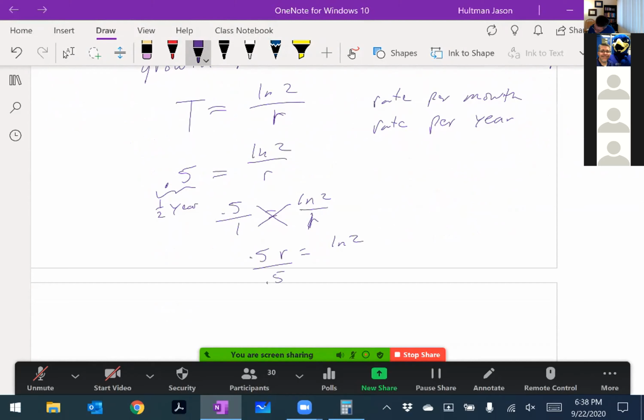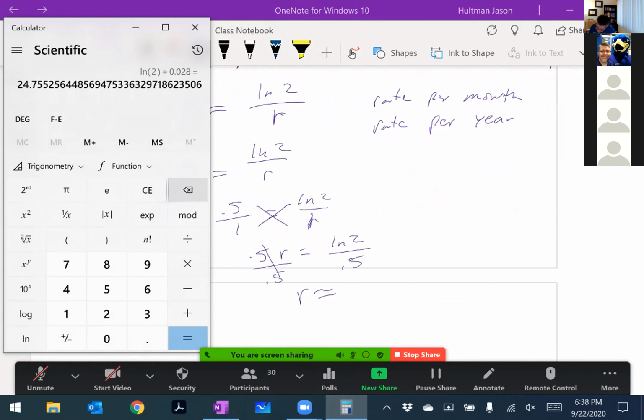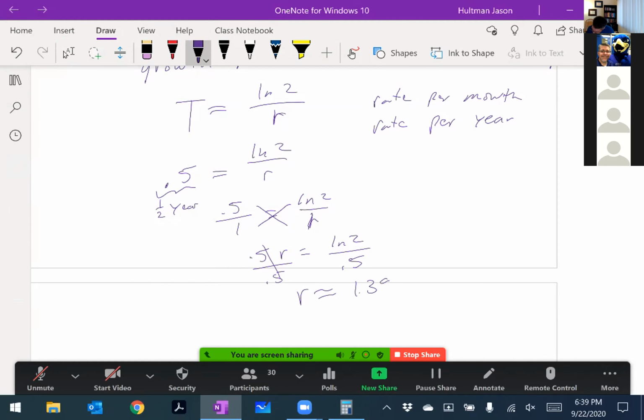I could divide by 0.5, and I would get my rate to be approximately, let's do natural log of 2 divided by 0.5, and it's 1.39, or 139%. So this would be a rate of 139% per year. It means that it's going up very fast.